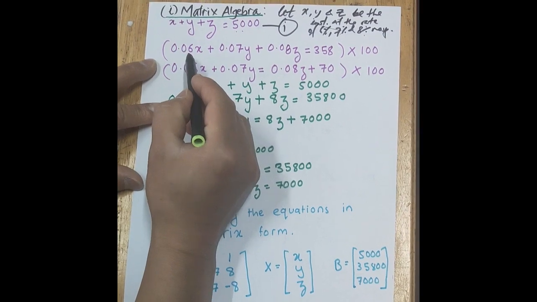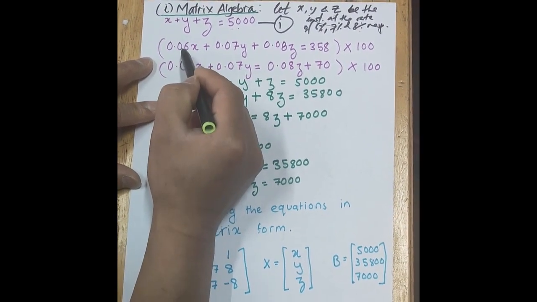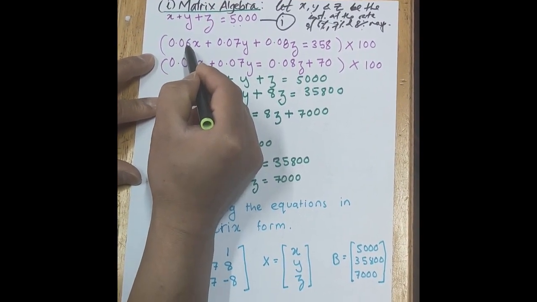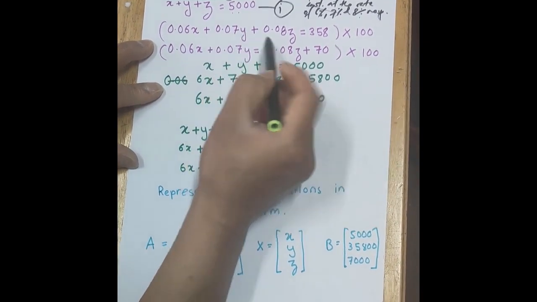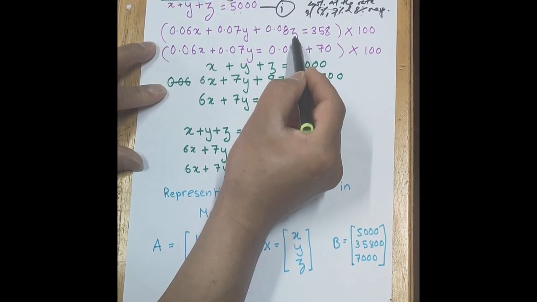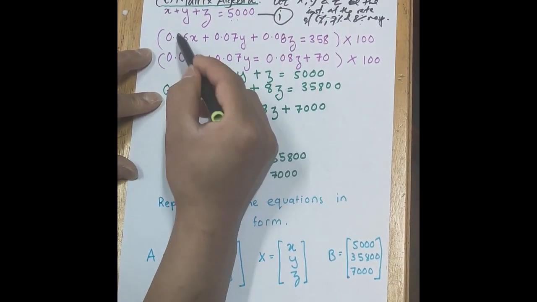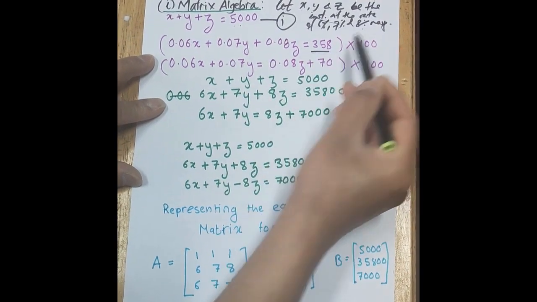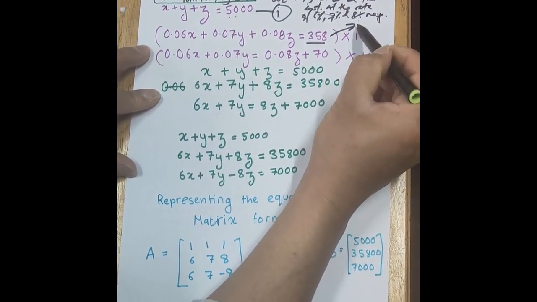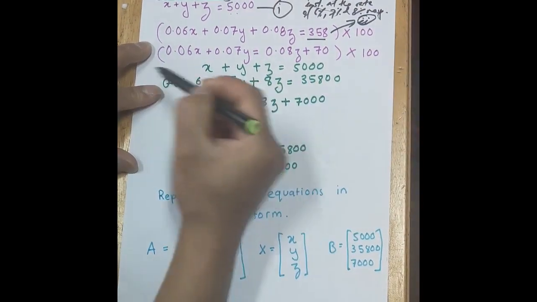And the second equation is that 6% is invested in X, 7% is invested in Y, and 8% is invested in Z. And if you combine these three investments, the income from them should be equal to ₹358. So this is our second equation.